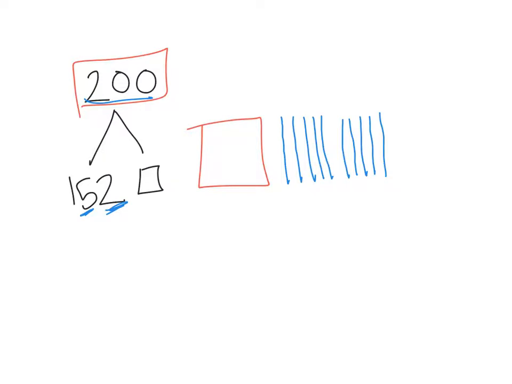What I'm going to do next is take one of these 10 sticks and trade it in for 10 ones circles. So 1, 2, 3, 4, 5, 6, 7, 8, 9, 10. Now, I still have 200.